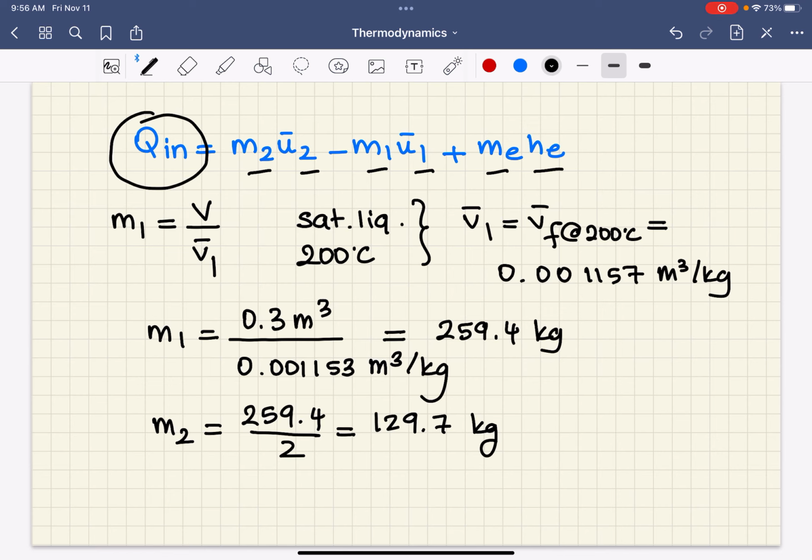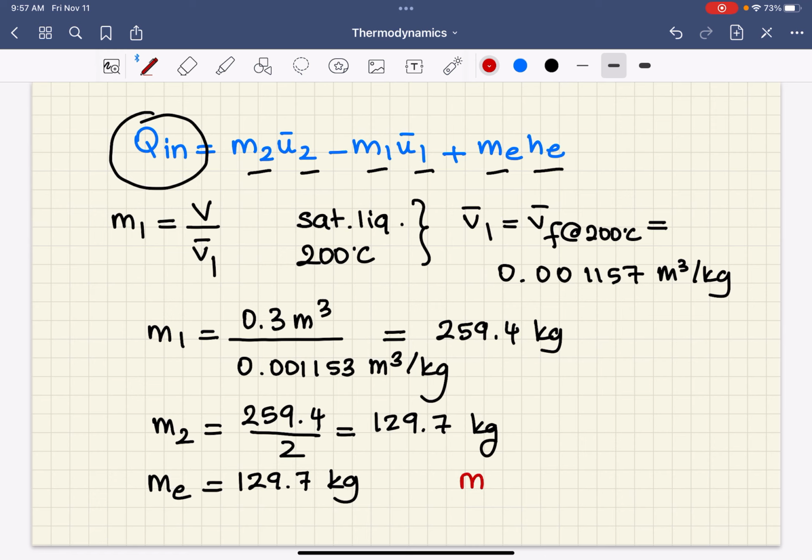We can also figure out the exit mass because half of it is withdrawn, so that is the same as the second state mass. But this relationship can also be understood from the mass balance, okay? If you need to write the mass balance for an unsteady flow device, it looks like this.